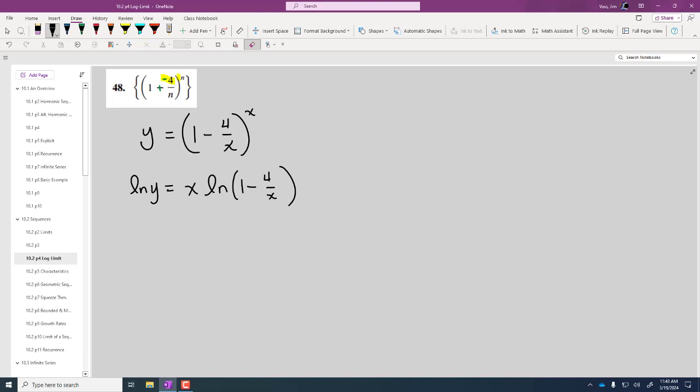And on the left, the reason that we can move this limit to the inside is that limits can pass through continuous functions. So this is the idea that we're using.